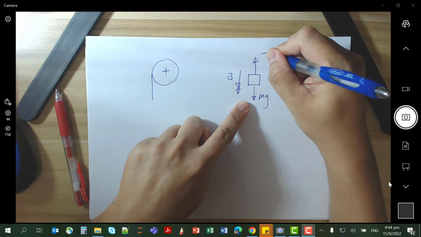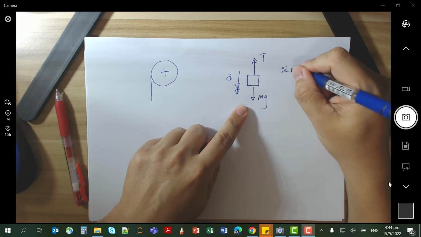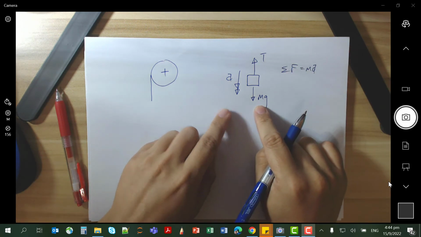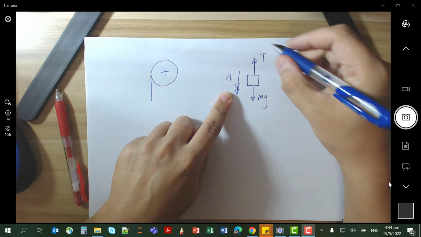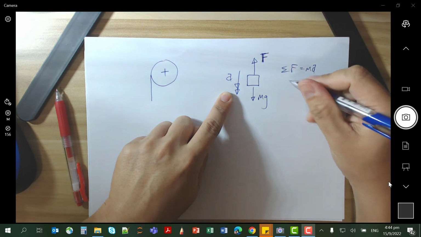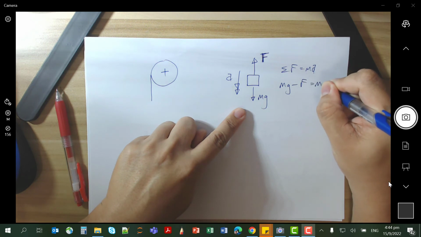There will always be tension. So for this case, your sum of force equals ma. mg will be positive, because it has the same direction as a. Tension will be negative. Sorry, I should write F over here, F, tension. So the equation becomes mg minus F equals ma.